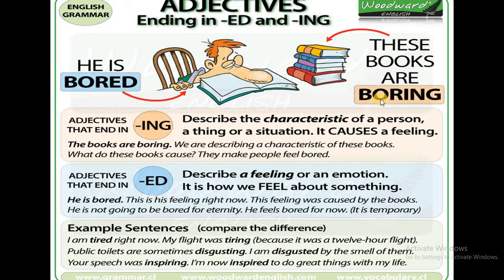The ing for this adjective, we use it to describe something which has no feelings, like the books. So ing, we use it to describe the characteristics of a person or a thing or a situation. Now the ed, we use it to describe the feeling or an emotion of someone.